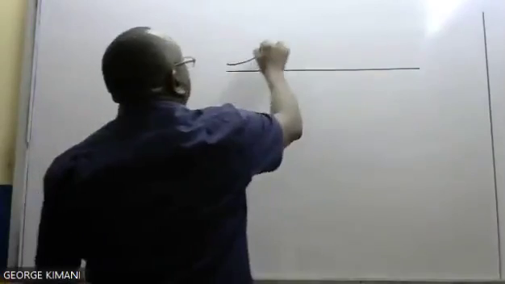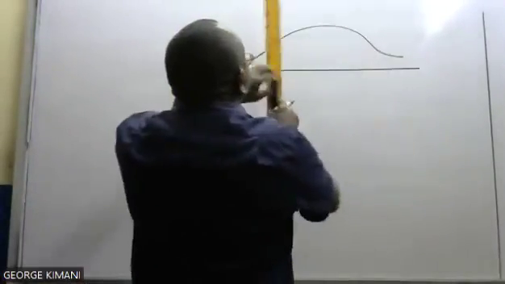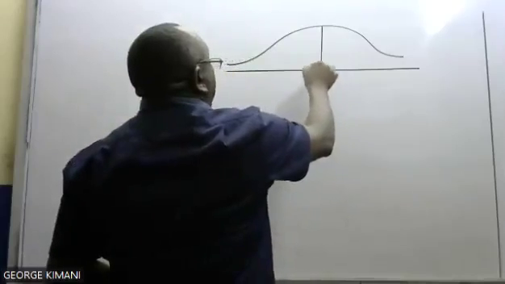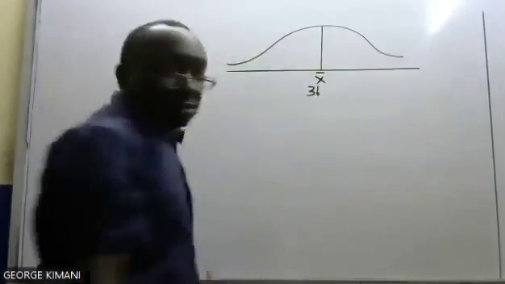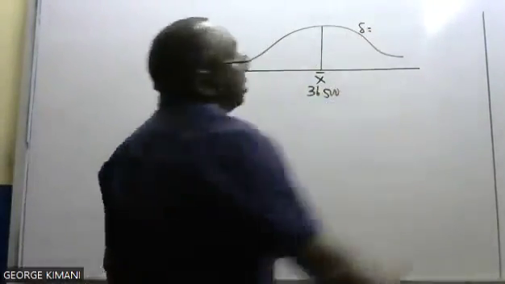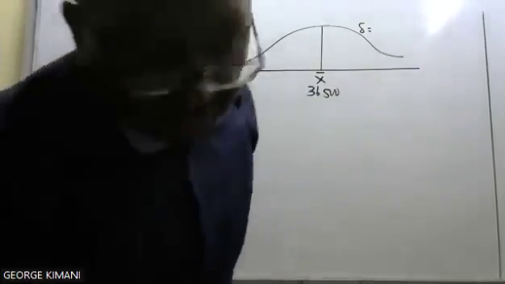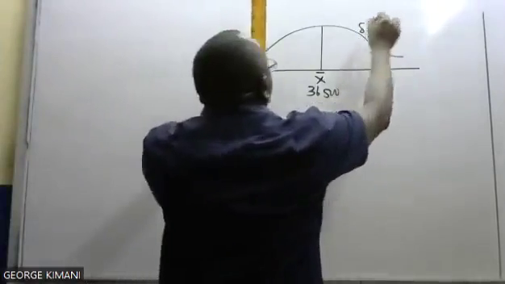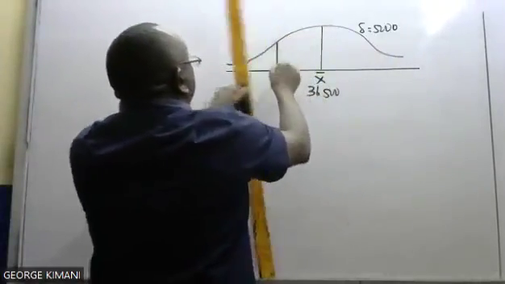So we will have something like this. If this is the mean X bar here, which is 36,500, and the standard deviation is 5,000. So we want to know those who enjoy the discount.